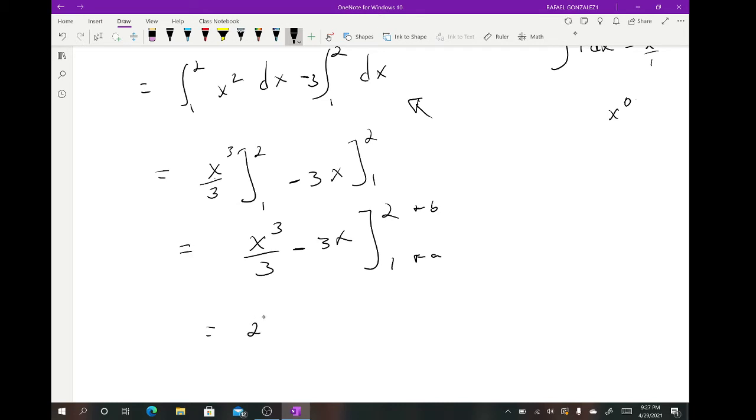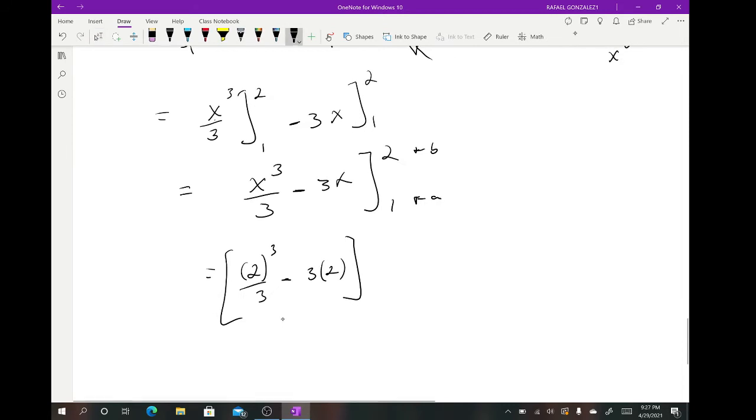So it's going to be 2 cubed over 3 minus 3 times 2. That's the f of b piece, minus, that comes from the theorem, f of a. So f of a is 1 cubed over 3 minus 3 times 1.